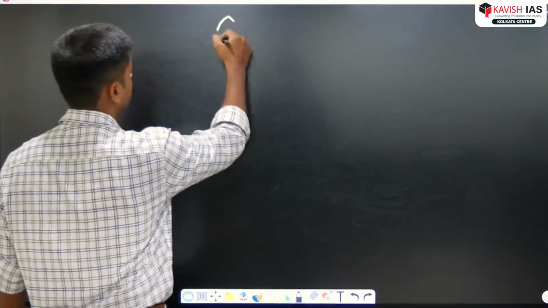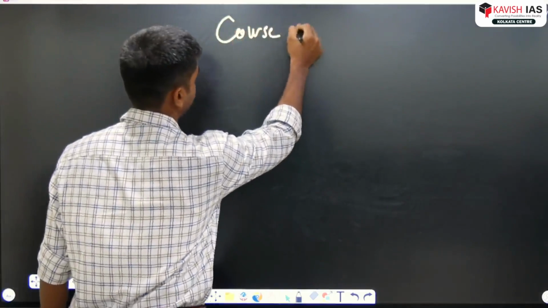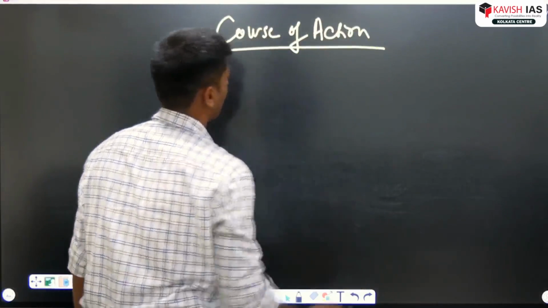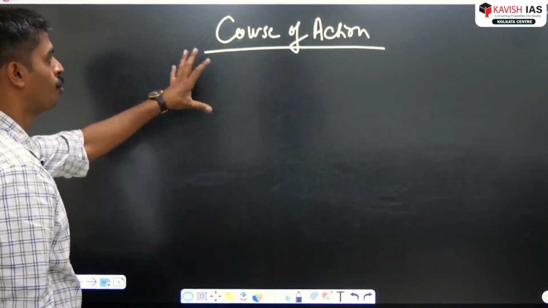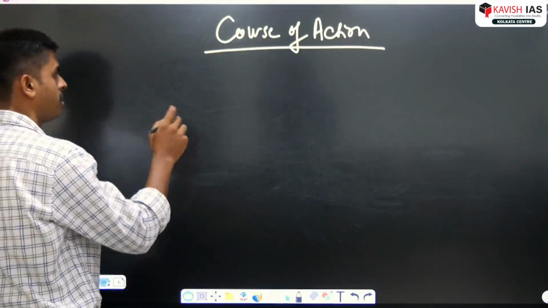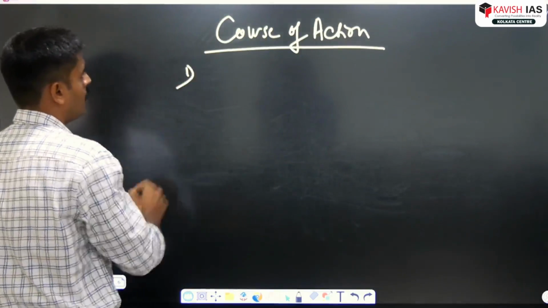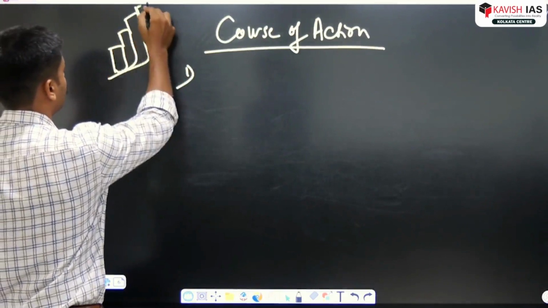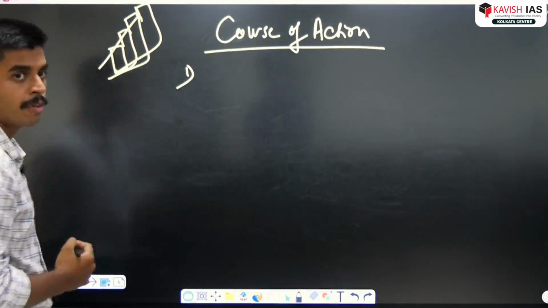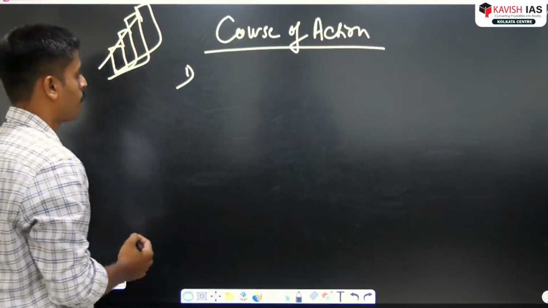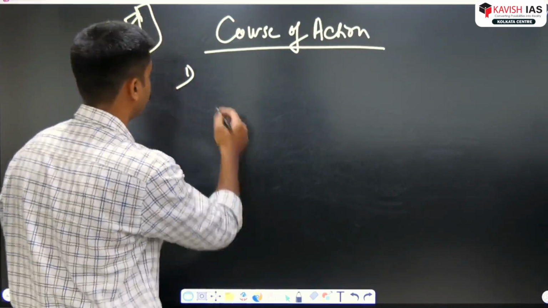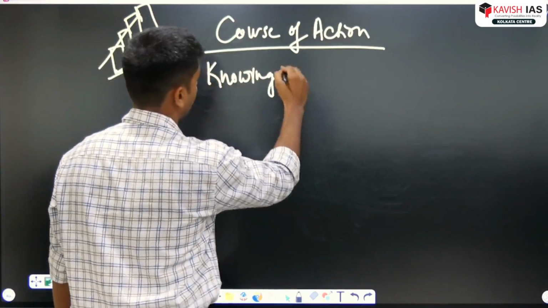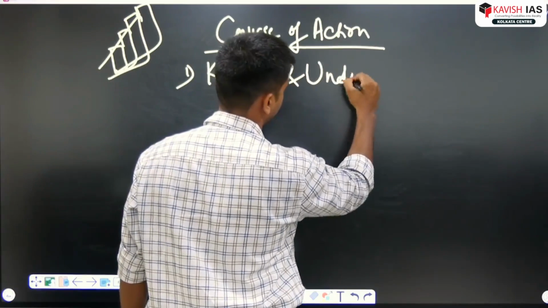Then talking about the course of action. What is a way to approach this course of action? Well, the first thing to remember is that a logical sequence is required, a gradual movement from the bottom to the upward side. So the first thing you should do is knowing and understanding.